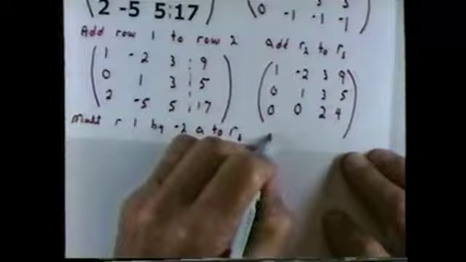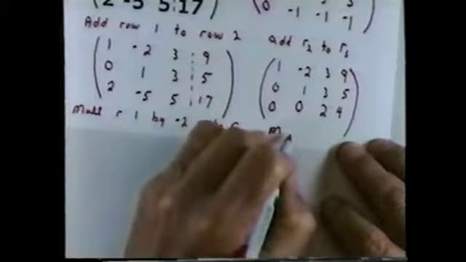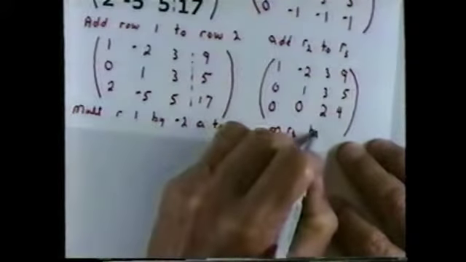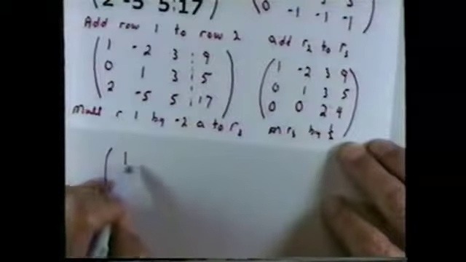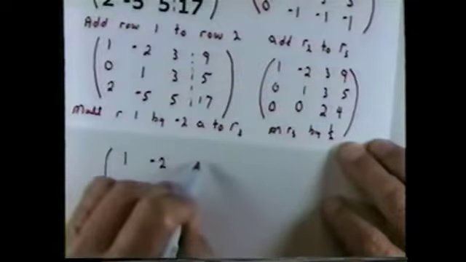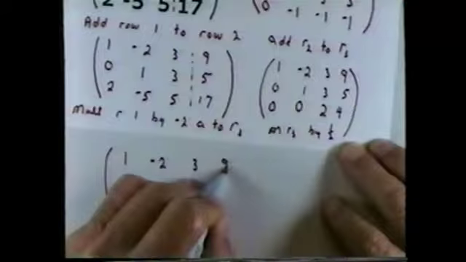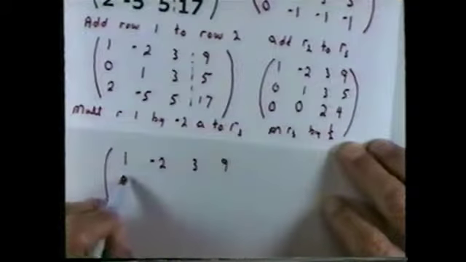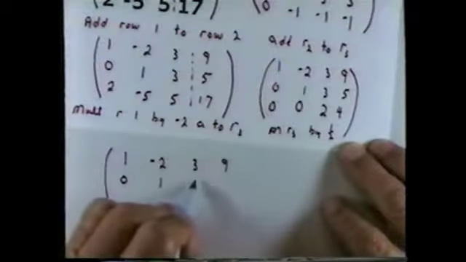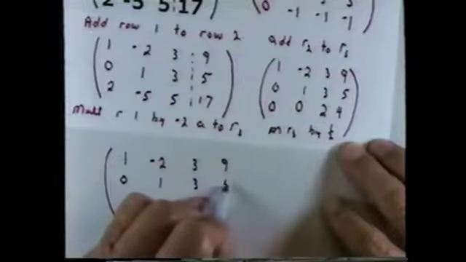Now I'm going to multiply row 3 by 1/2. So I have the matrix 1, -2, 3, 9, 0, 1, 3, 5.